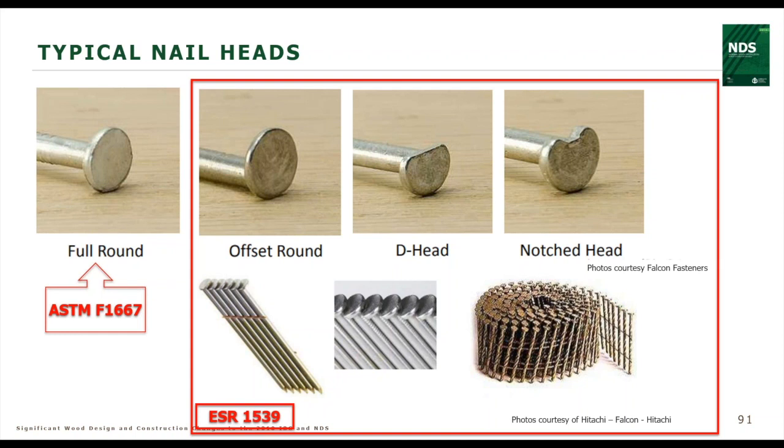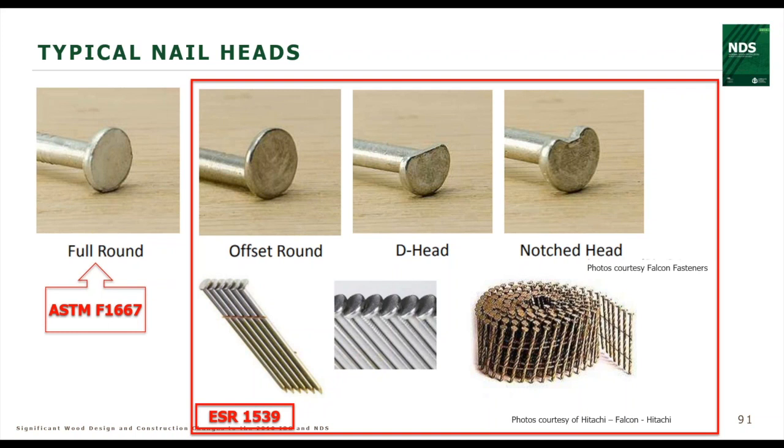And one such evaluation service report that you may want to familiarize yourself with is ESR 1539, and that's the one that has been provided by the International Staple and Nail Tool Association, or ISANTA.